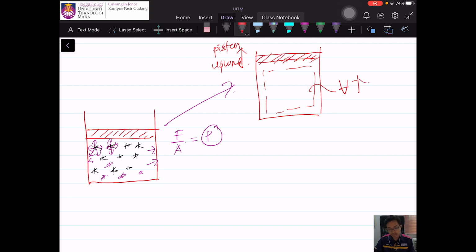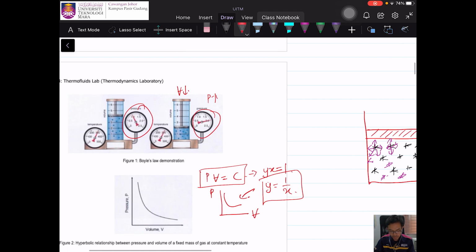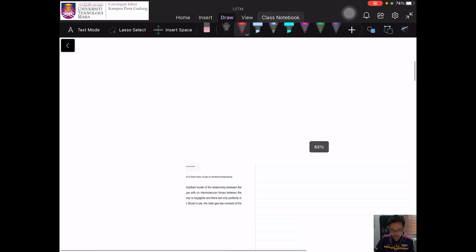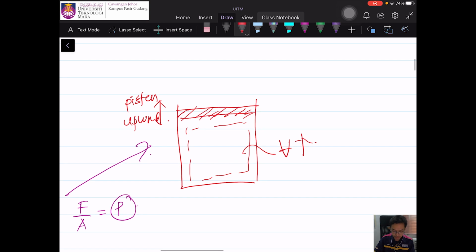If you refer back to the relation of Boyle's law, if we increase the volume, what will happen to the pressure? Your pressure will be lower.